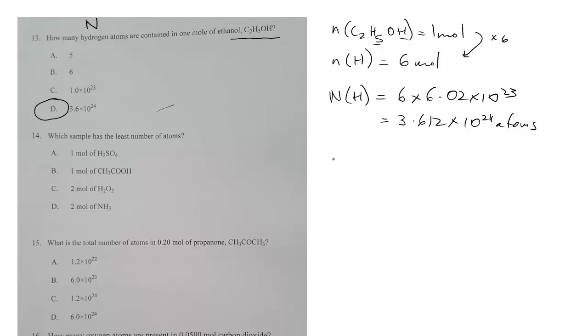Okay, question 14. Which sample has the least amount of atoms? With the least amount of atoms, it's best to compare each one side by side with how many atoms they have, and conveniently they're all in mole, which is really useful.